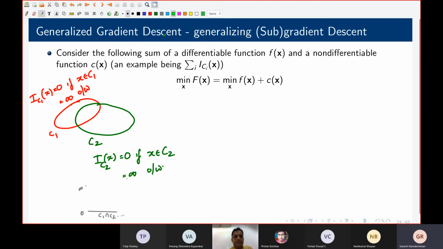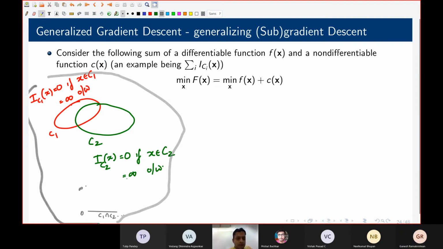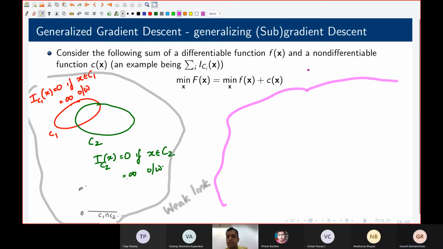The strong link is f(x), for which we have so many approaches.